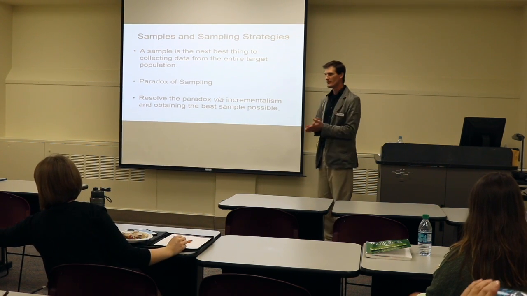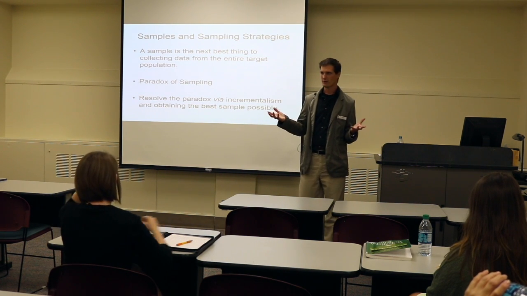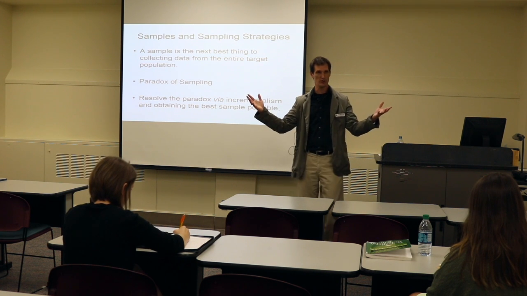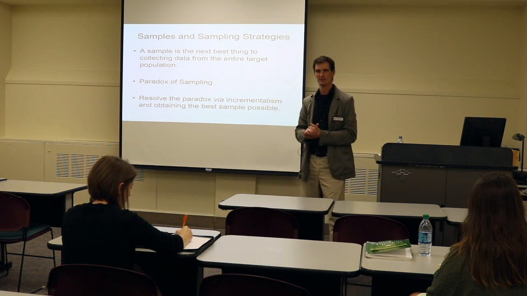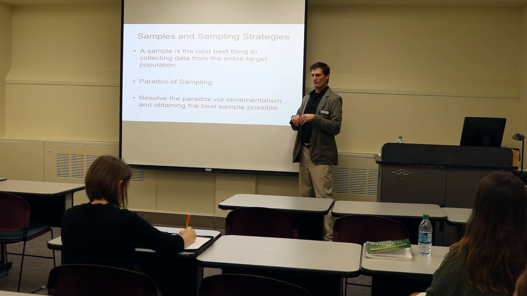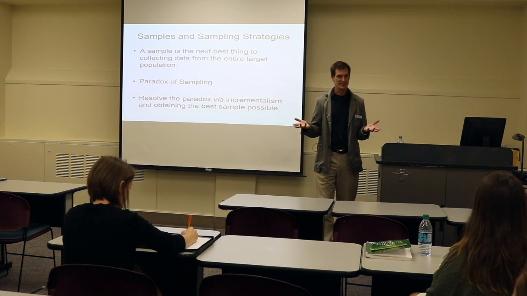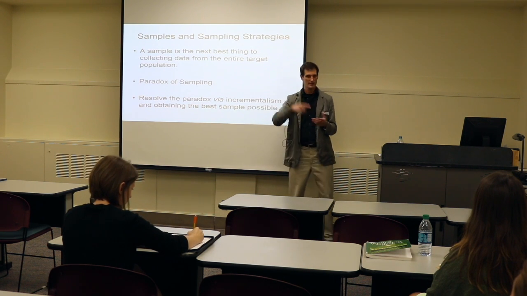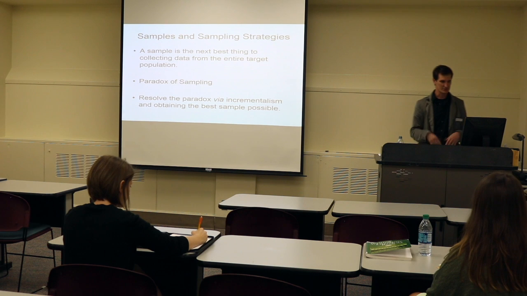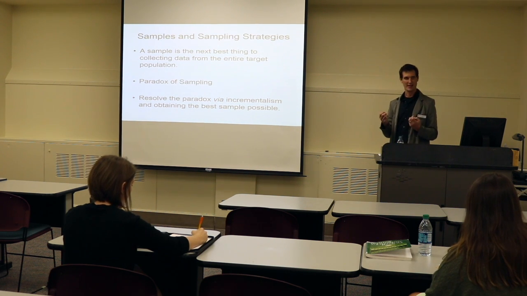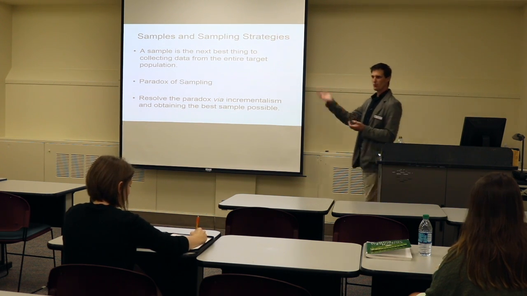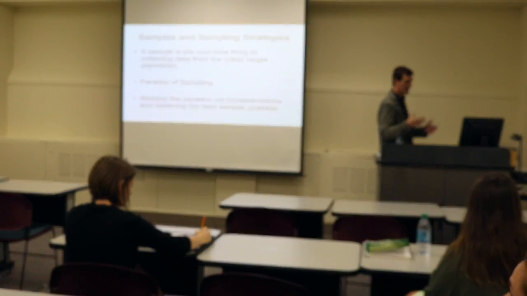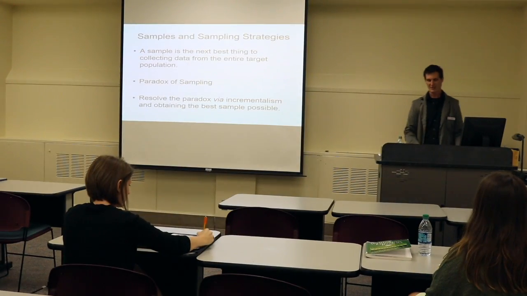The paradox, though, is that if you don't know the characteristics of the population, because you either don't have access to it or it's too large to know all of the profile characteristics of your population, how do you know whether or not your sample is representative? So the paradox is that we have to take a sample because we don't know the population. We want that sample to be representative, but we can't know whether the sample is really representative without knowing about the population. So that's the paradox.